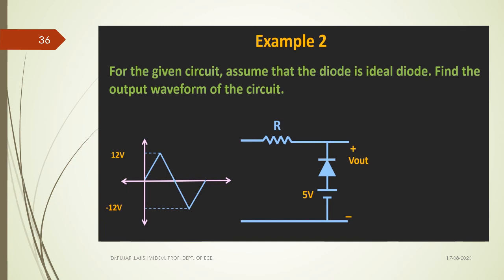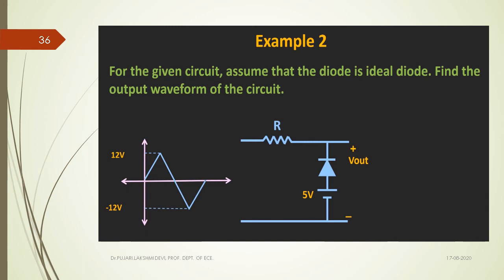Okay, now let us observe this input waveform. A peak-to-peak voltage from minus 12 to plus 12 is given, along with a series limiting resistor, and the diode is connected here with a positive bias voltage of 5 volts at its anode, and the cathode is connected to the input voltage source.